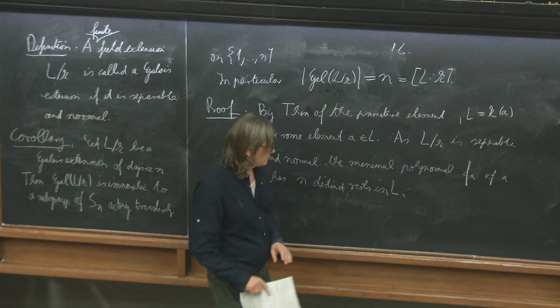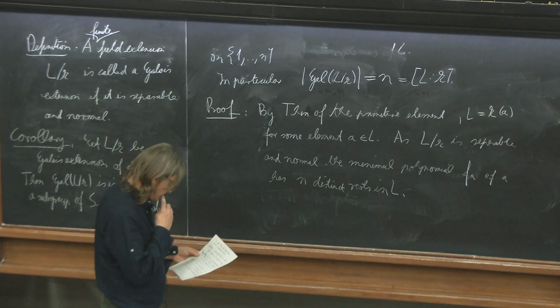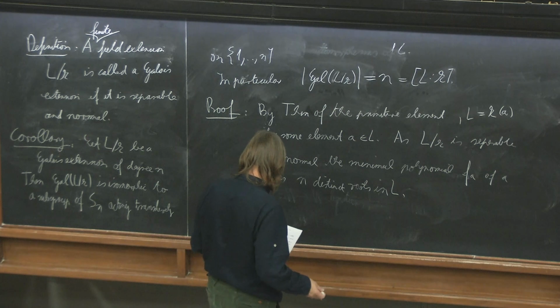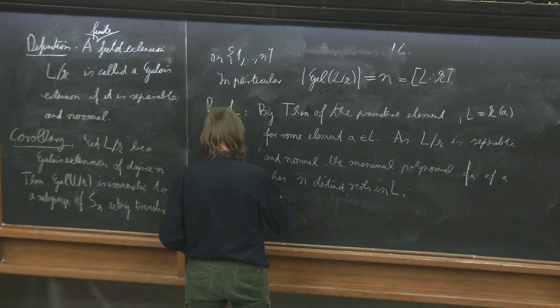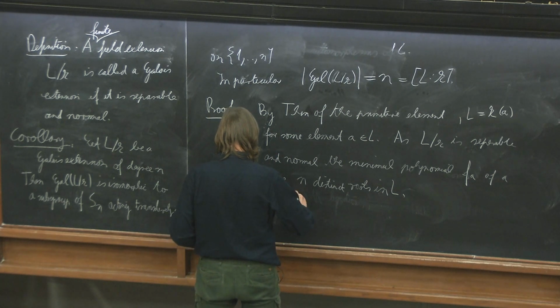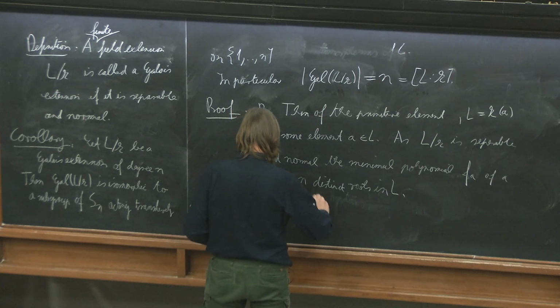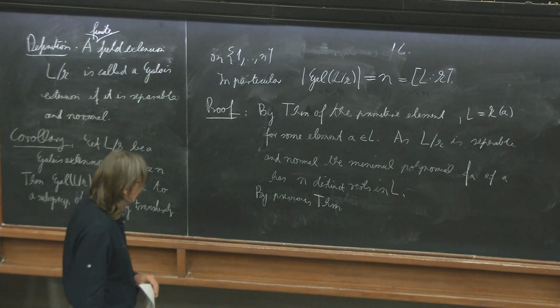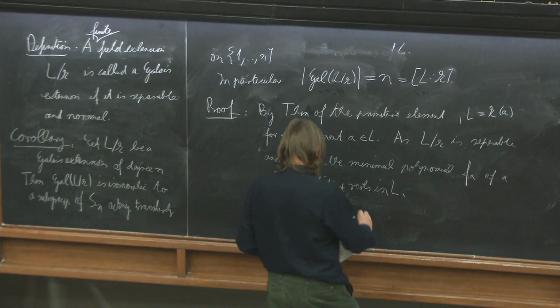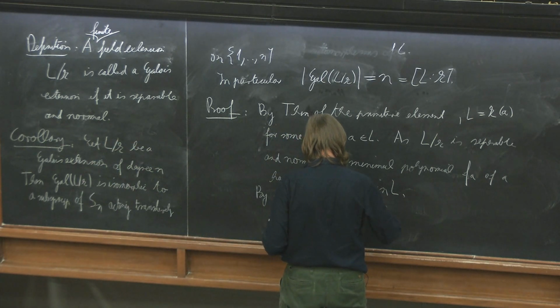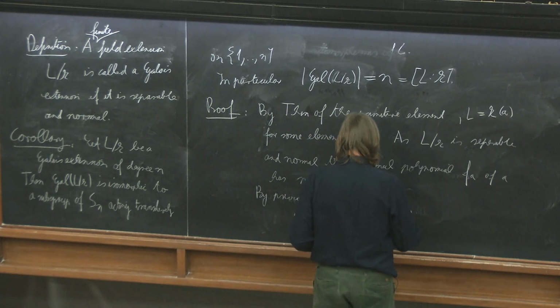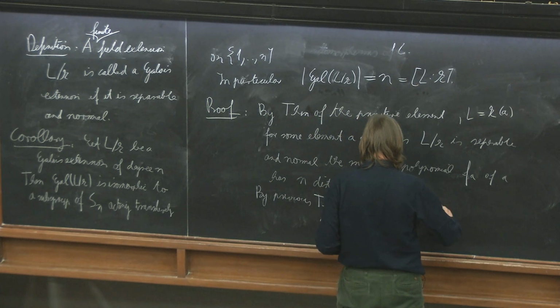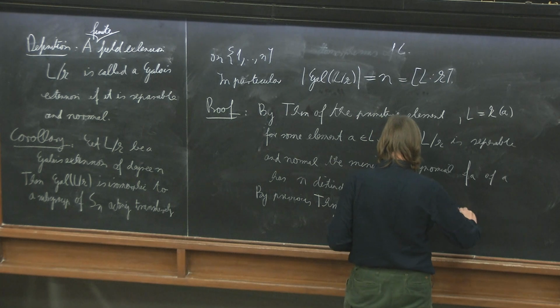So we have n distinct roots. And then by the previous result, we have that the Galois group acts simply transitively on these roots.